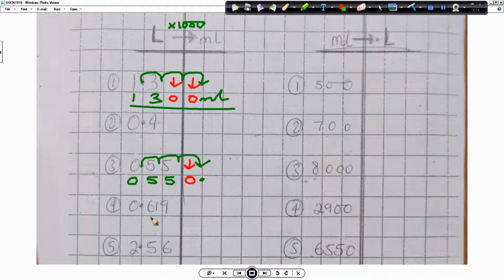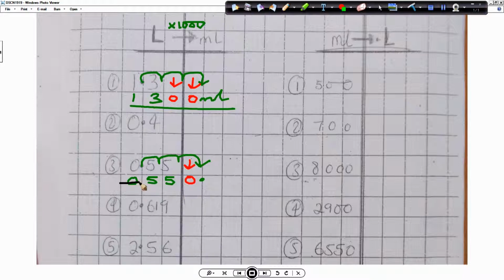Okay, now, Layla, read that number to me that I've just written down. Read it to me as it is at the moment. 0, 550 point. So that is what we actually wrote down here.